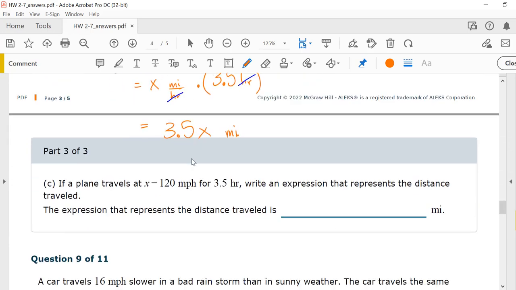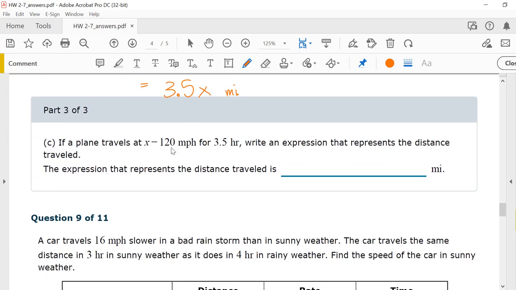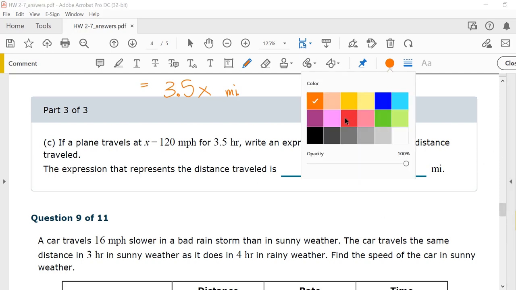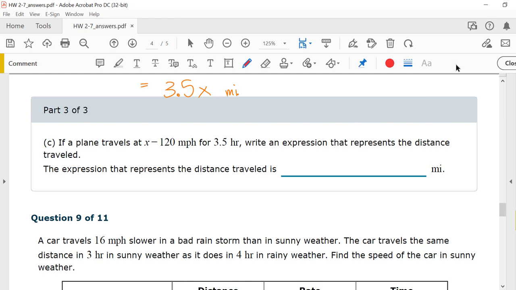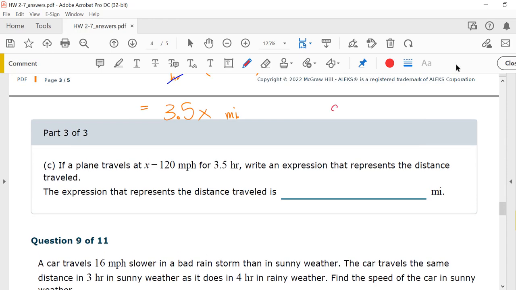Part 3. If a plane travels at x minus 120 miles per hour for 3.5 hours, write an expression that represents the distance traveled. One last time. Distance equals rate times time.